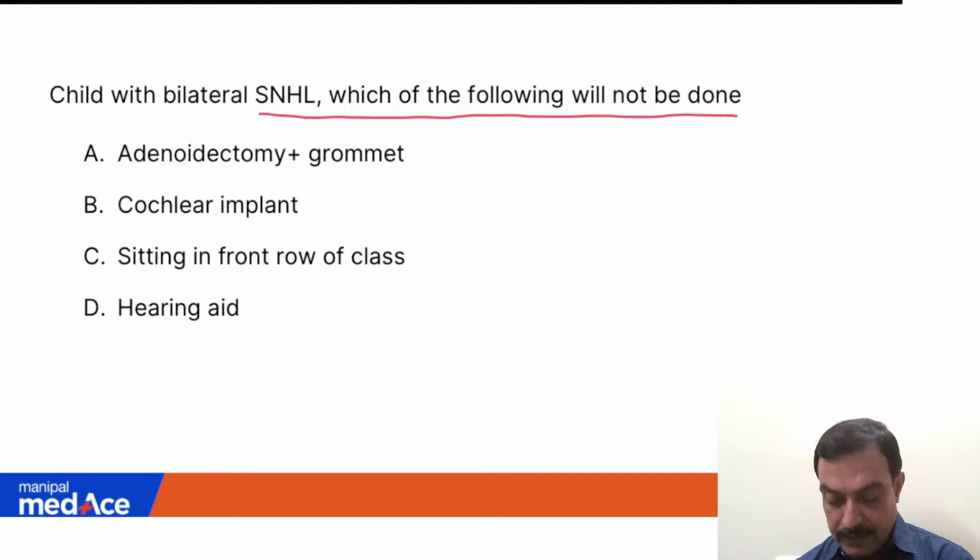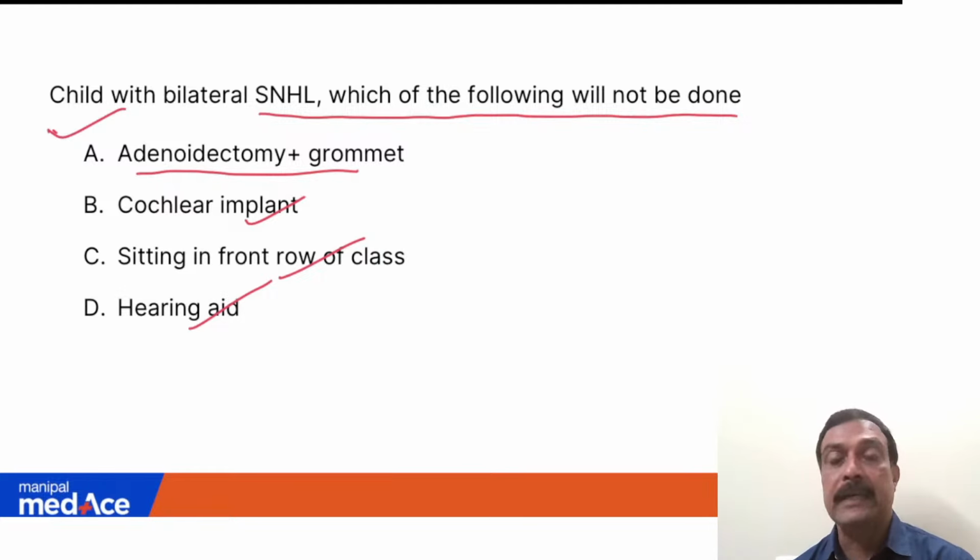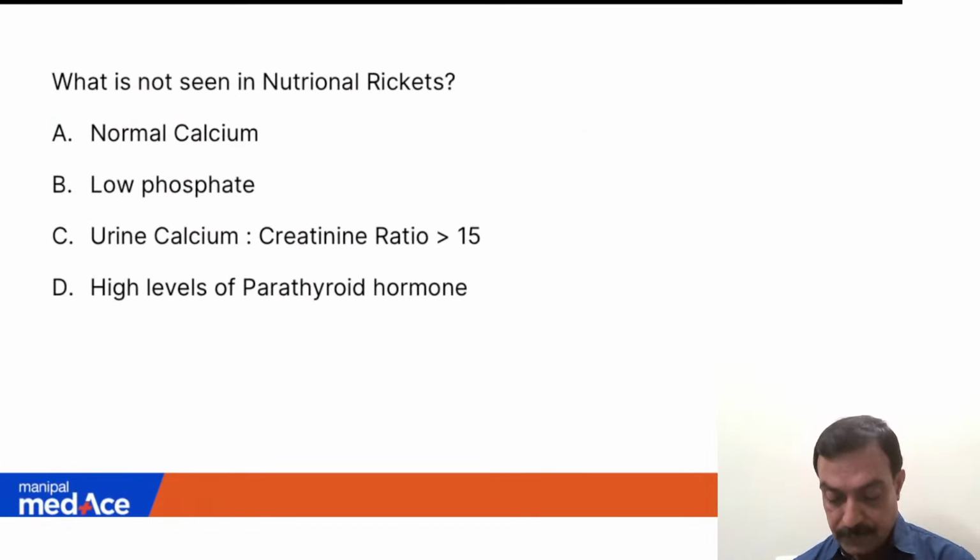Cochlear implant definitely benefits. Sitting in the front row of class may benefit. A hearing aid may benefit, but I don't think we should do an adenoidectomy and grommet insertion. So this is the correct answer, which should not be done for a child with bilateral sensorineural hearing loss.